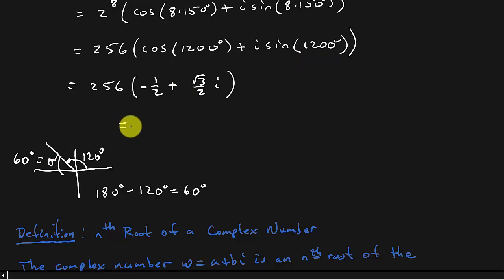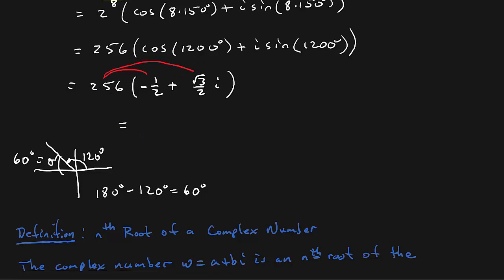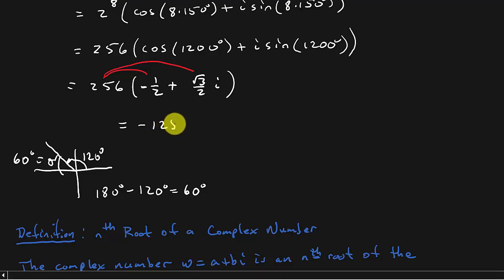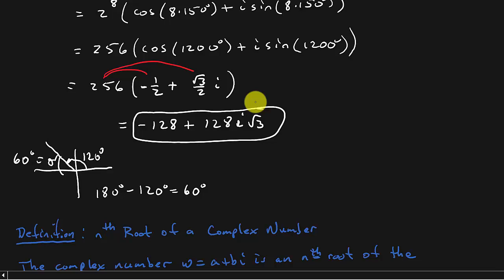And this equals, now what do I do? I distribute the 256. And so that leaves me with negative 128 plus 128 i square root of 3. And there's your answer.